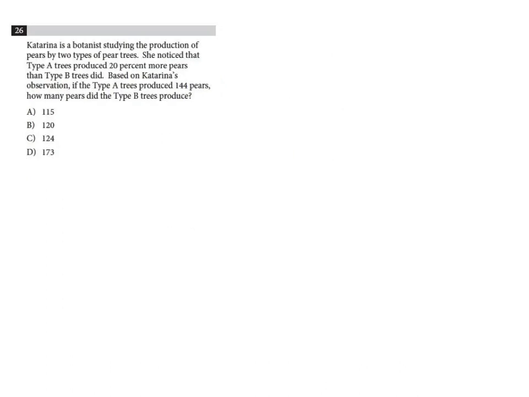Okay, problem number 26. Katrina is a botanist studying the production of pears by two types of pear trees. She noticed that type A trees produce 20% more pears than type B trees. Based on Katrina's observation, if type A tree produces 144 pears, how many pears did type B produce? Well, we know that type A produced 20% more pears.